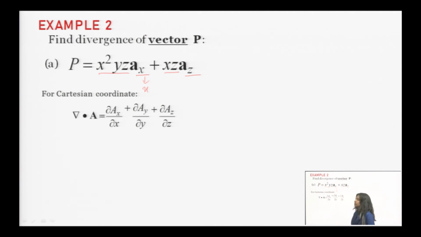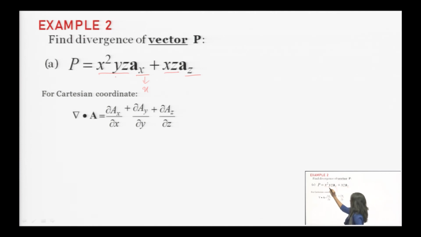So divergence can be applicable only on a vector quantity. Divergence of any scalar quantity makes no sense. So remember it. And finally, divergence maps a vector into a scalar, because our final result will be a scalar. So let us solve it.